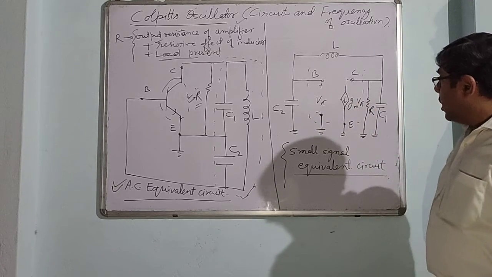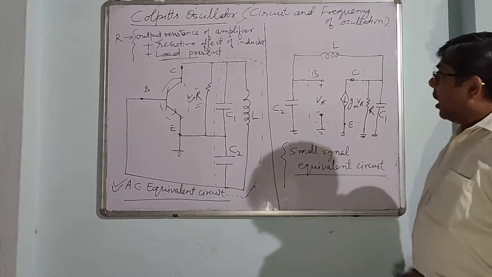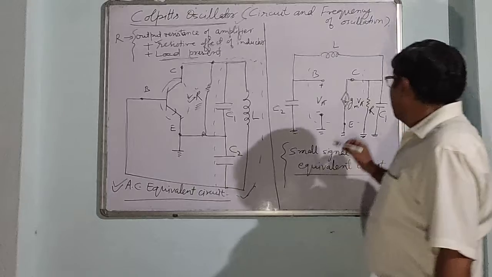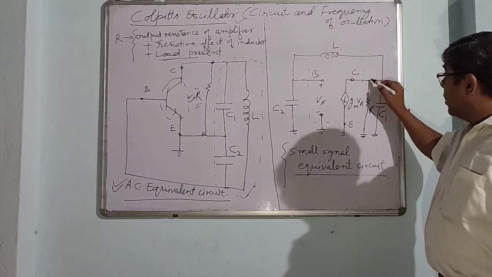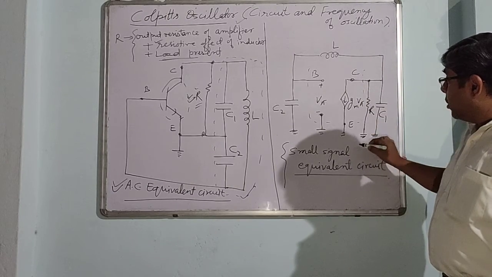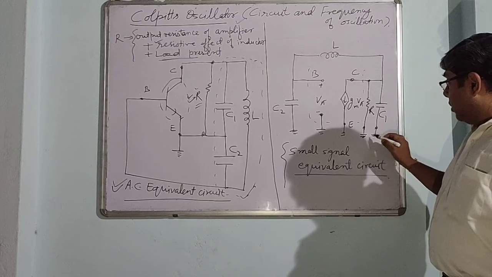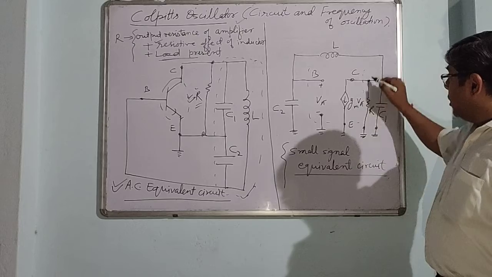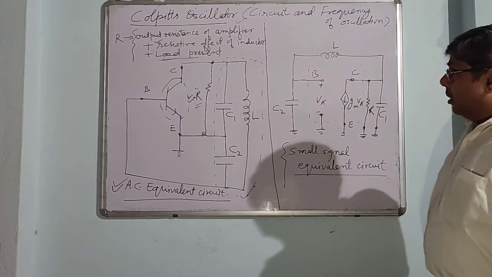You can see easily connections. R is connected between collector and emitter, which is grounded. So R is in between collector and emitter.